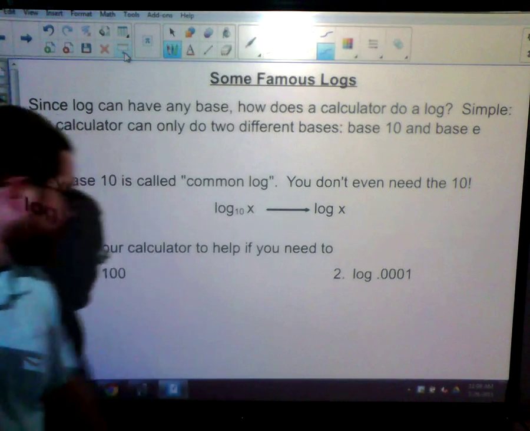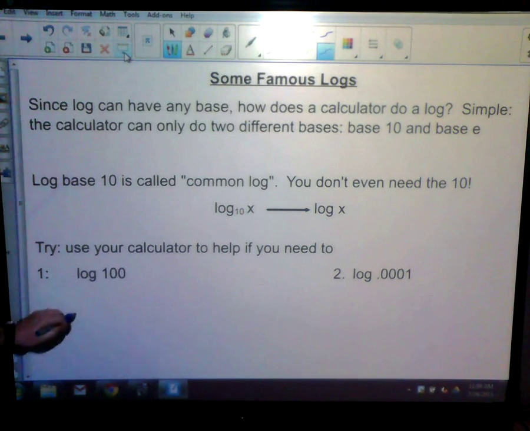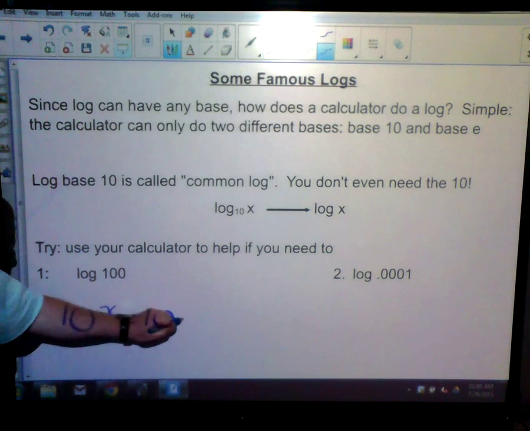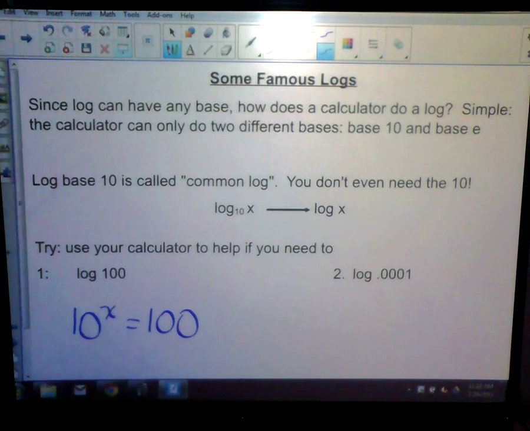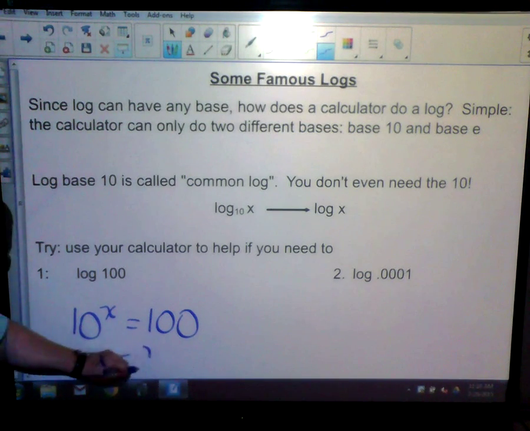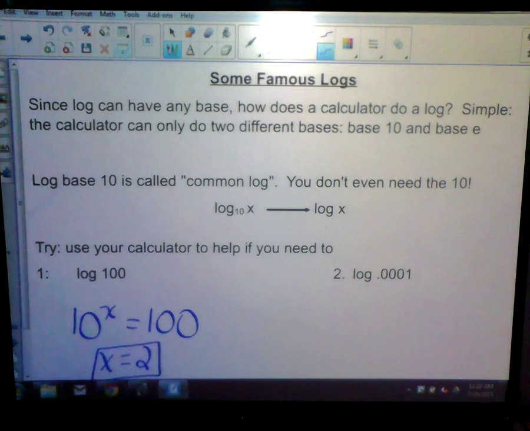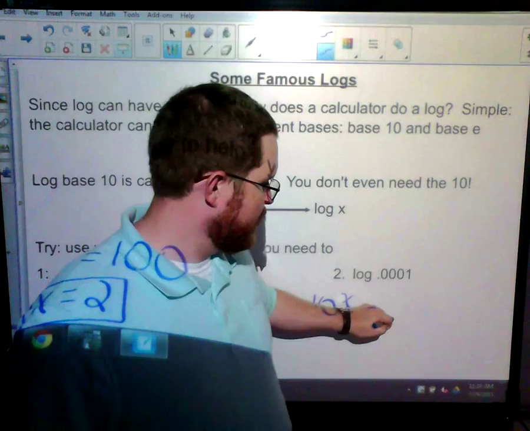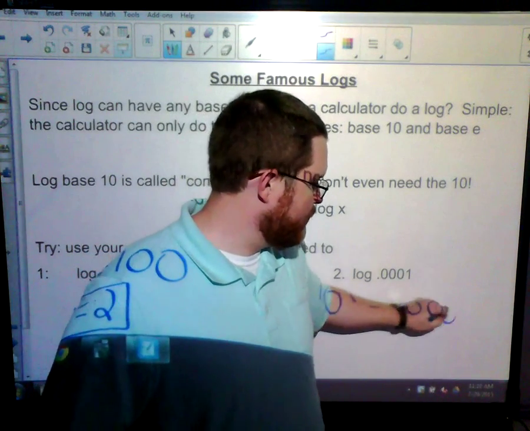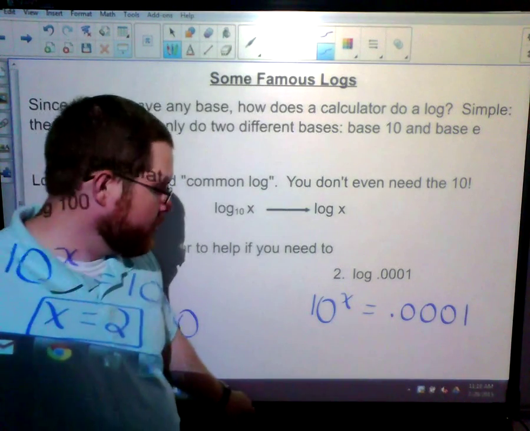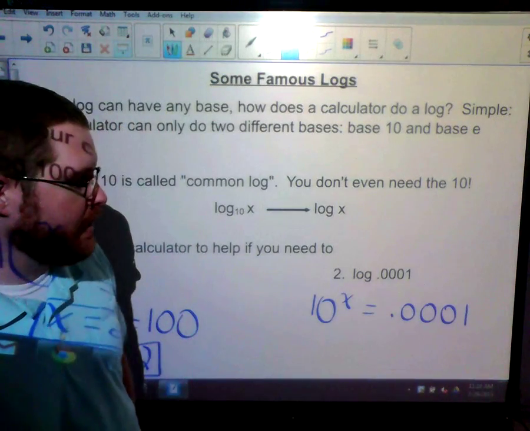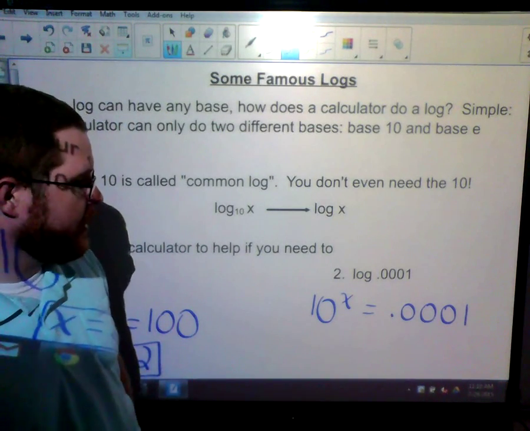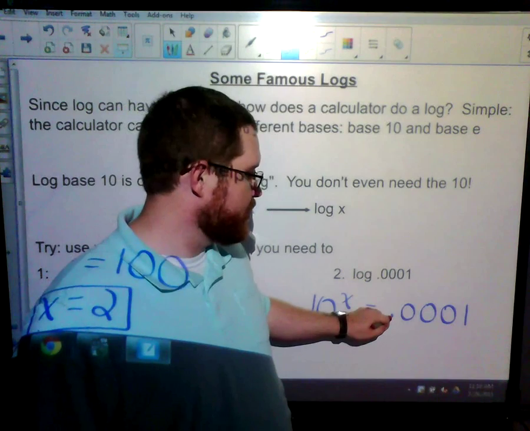Let's rewrite this as an exponential. The base is 10. I don't know the answer, but the log is now the new answer. So 10 to what power is 100? 10 squared. Over here, 10 to what power is 0.0001? Well, if you've had scientific notation in your science classes, you know this just means to move the decimal.